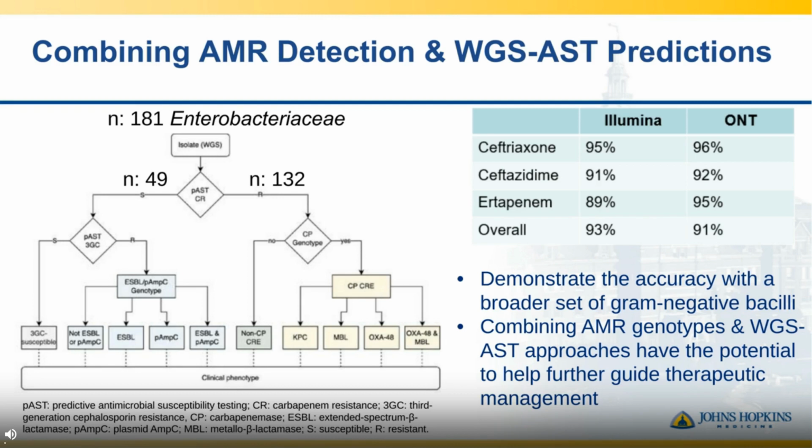And so here in this study, we were able to demonstrate the accuracy of the Ares Genetics pipeline for prediction using both Illumina and Nanopore sequencing with a broader set of gram-negative bacilli, but also this overall accuracy of 93% versus 91%. By combining these two approaches, which will have the potential to further help guide therapeutic management of patients.